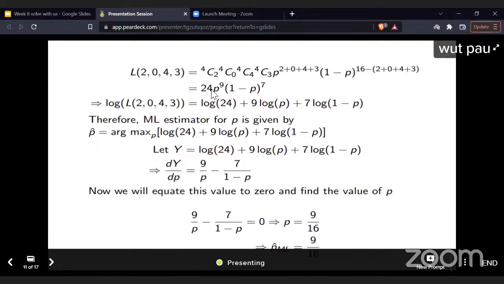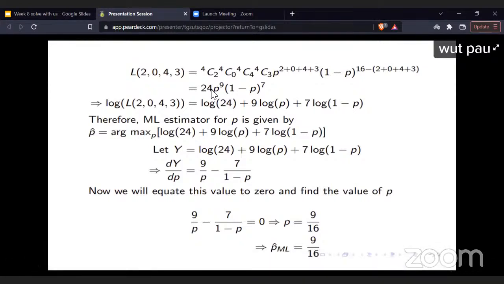From the beginning, if we can skip that, our calculation will be smaller, and it will take less time. Yeah, we can do that, because 24 is anyways a constant, so differentiating it will give 0. All those n choose x terms are going to be constants, so we can skip that part, because it is not going to play any role here.